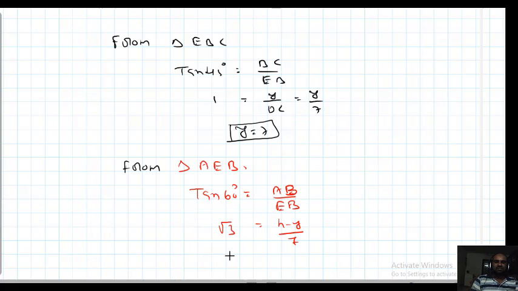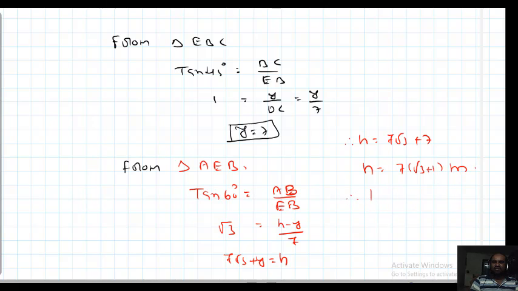This is root 3. 7 root 3 plus y equal to h. Therefore, h equal to 7 root 3 plus y, and y means 7. h equals 7 times of root 3 plus 1 meters.